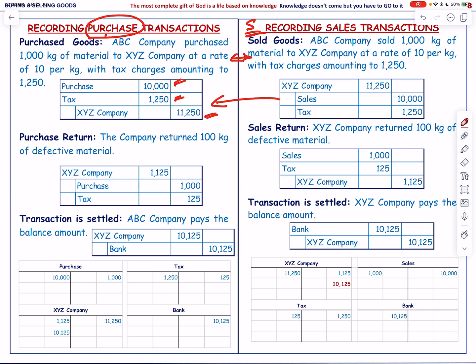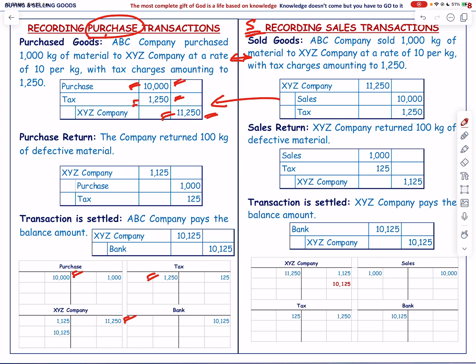And then when we are going to record this, you can see that 10,000 debit is in the purchase, 1,250 is for the taxes in the debit, and then XYZ company is credit by 11,250. Now, having recorded the purchase transaction, several future events could potentially influence its accounting treatments.